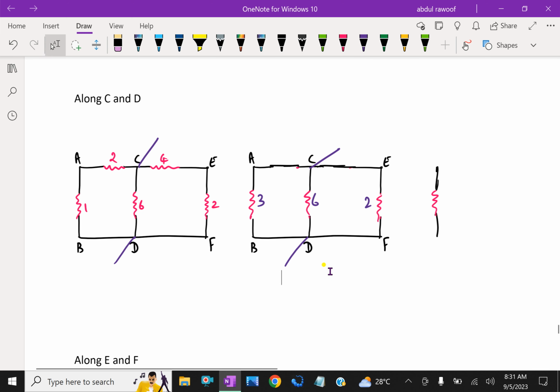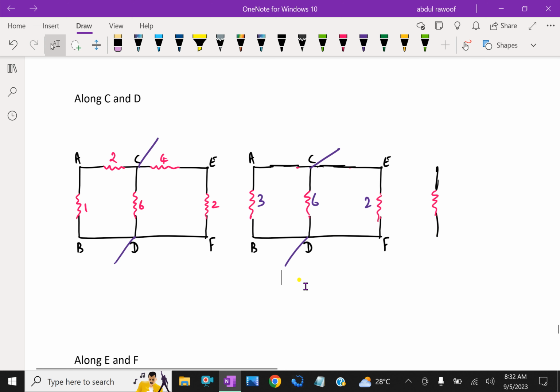Here there are 3 parallel paths C to D, that is CD itself of 6 ohm, and CEFD is 4 and 2, 6 ohm, and CABD is 2 plus 1, 3 ohm.